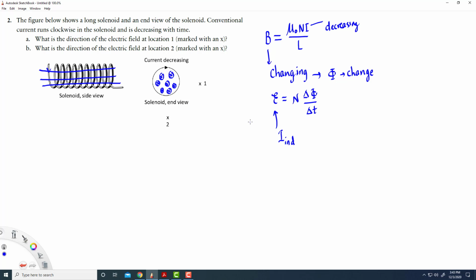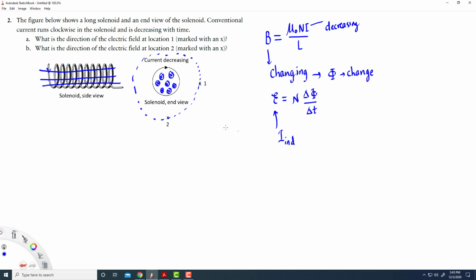But the idea here is, if you were to have a coil or a wire at point 1 and 2, okay, something like this, then there would be current flowing in this wire, okay, because of the induced EMF. Now, what causes the current to flow in the wire? That's the main question.